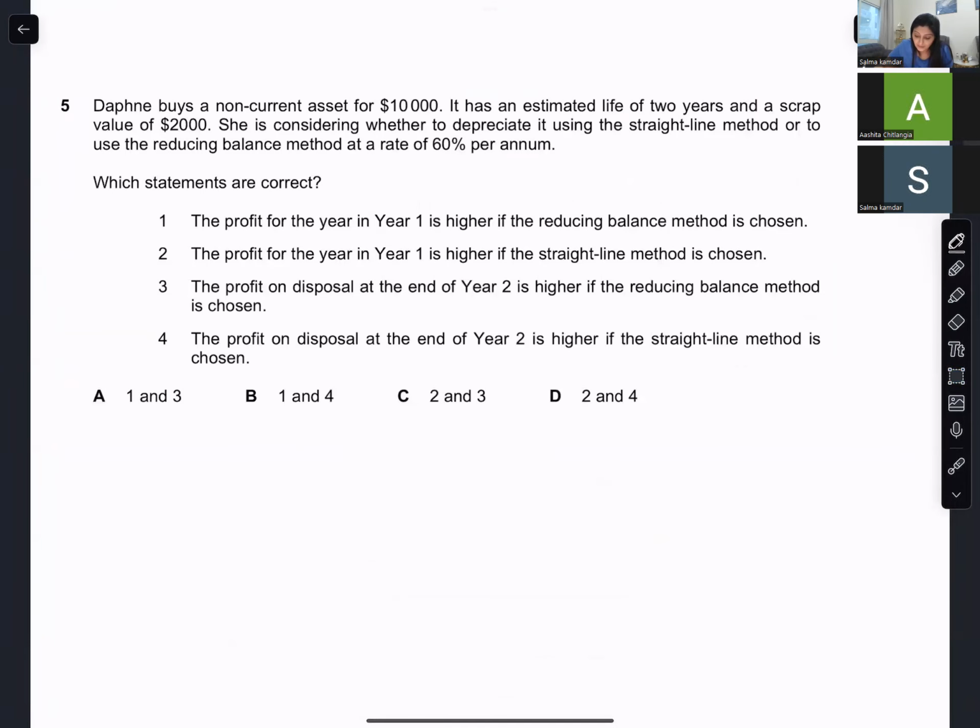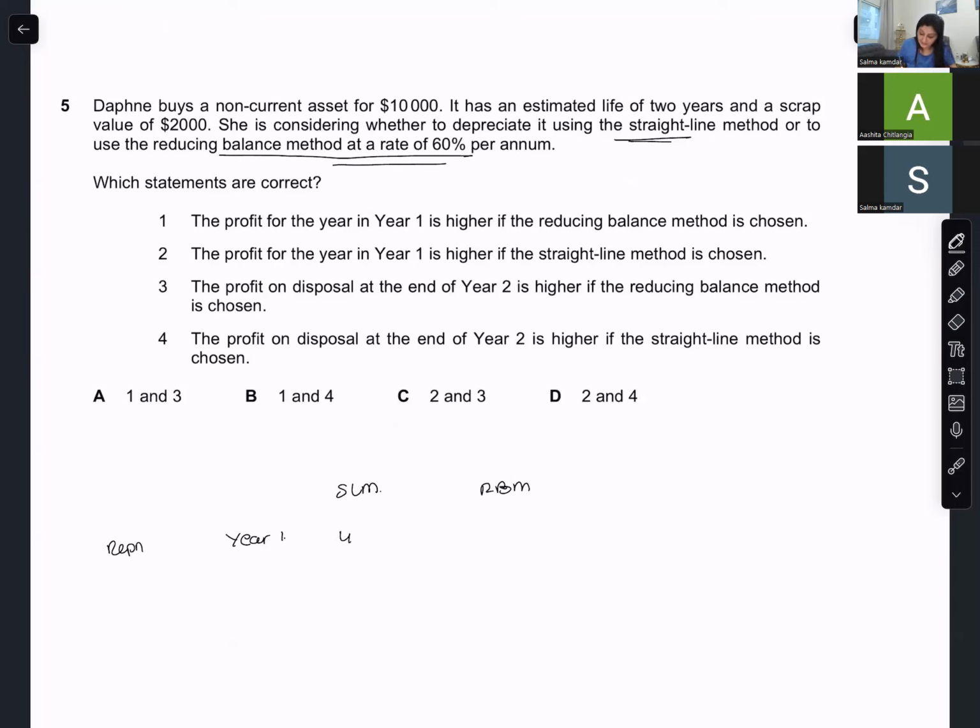So she wants to consider whether to depreciate the asset using straight line method or reducing balance method at the rate of 60% per annum. The asset is of 10,000 and if I am depreciating for 2 years, what would be the depreciation charge for the first year? 10,000 less 8,000, divided by 2.